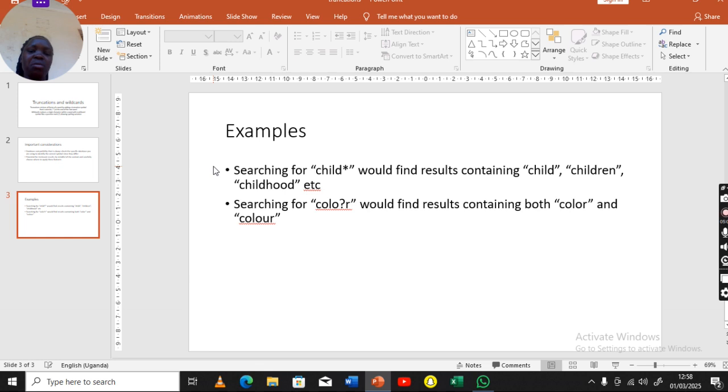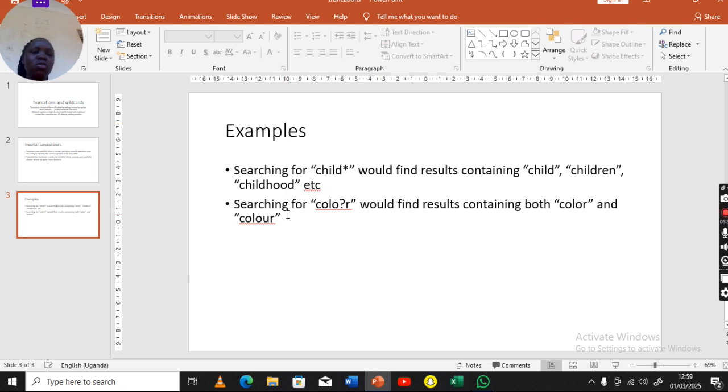So, when you want to search for a word like child, and you add the asterisk symbol at the end, before putting your quotation marks, we find results for different things. It can give you results for child, children, or childhood. That is for truncations.